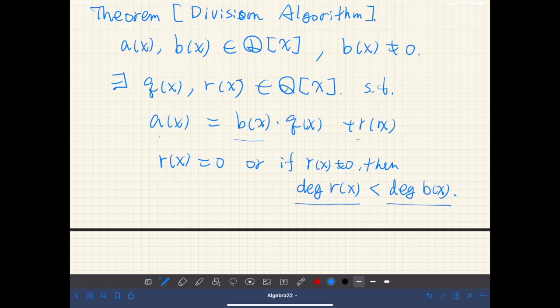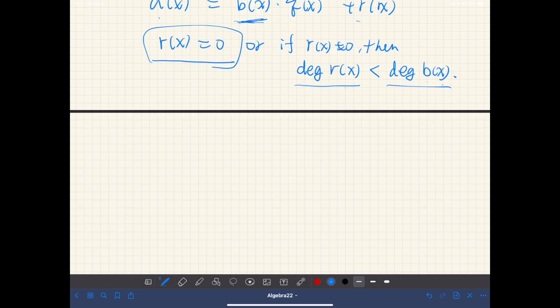It can be greater than or equal to 0 because it can be a non-zero constant, but the degree is less than the degree of b of x, this one. By the way, the notion of degree is undefined for zero polynomials, so that's why we need a separate mention here. Anyway, let's prove this theorem.